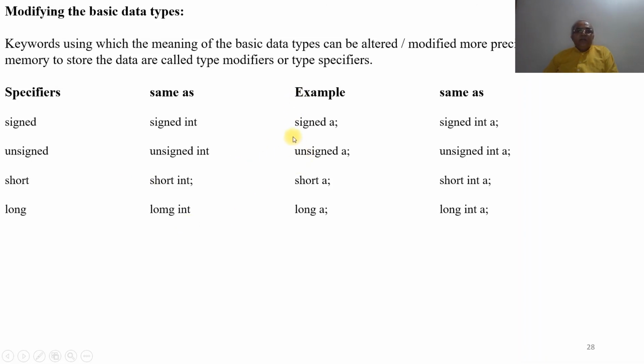For example, signed a semicolon is the same as signed int a. Unsigned a semicolon is the same as unsigned int a semicolon. Short a semicolon is short int a semicolon. Long a semicolon gives long int a semicolon.